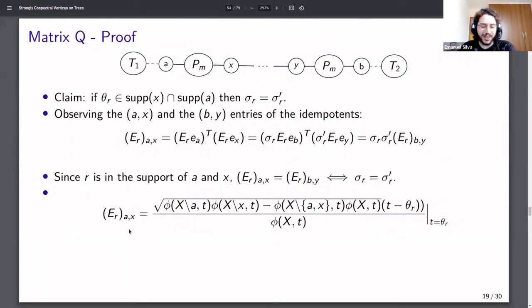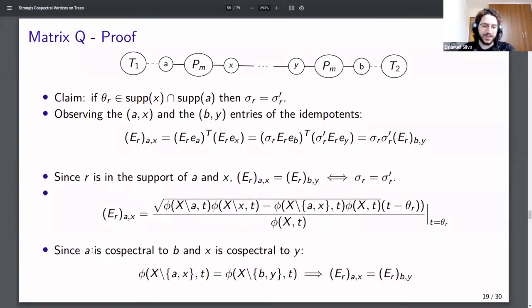So we might verify that the entry AX is going to be equal to the entry BY if the terms inside this root are equal. Since A and B and X and Y are cospectral, this term phi of X minus A is going to be equal to phi of X minus B, so we don't need to care about it. Phi of X minus X is going to be equal to phi of X minus Y, so we again don't need to care about this first product.